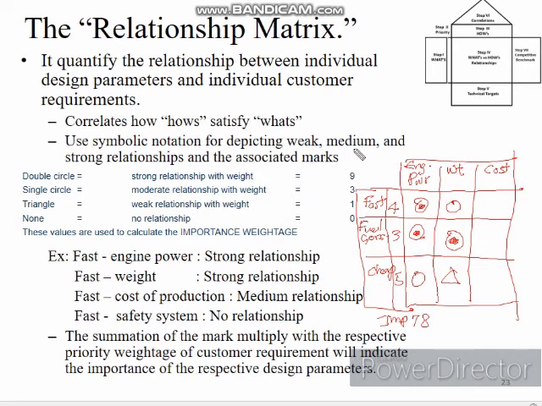So this is the relationship matrix. Basically, it is to match between the voice of customer and the voice of engineer, and to assess which particular design parameters are important in addressing the requirement from the customer.